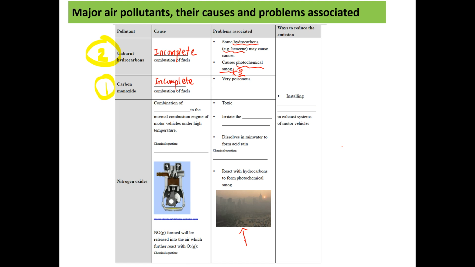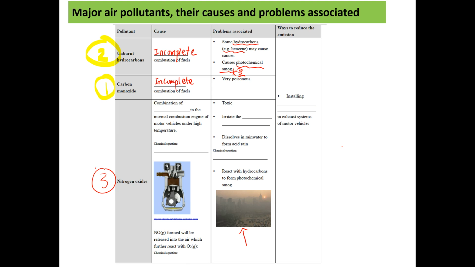So photochemical smoke is caused by different factors. The first factor is the unburned hydrocarbon, and also the nitrogen oxides, as I will introduce in the next one, the third one. So unburned hydrocarbon with nitrogen oxides and then maybe with sunlight, finally together, they will work together and cause photochemical smoke. But the detail about photochemical smoke is very complicated. We are not going to introduce it in this chapter.